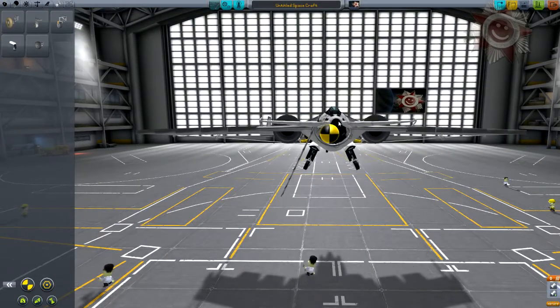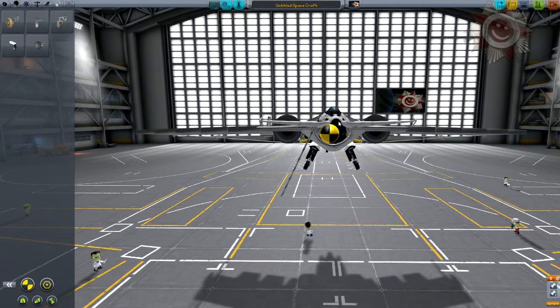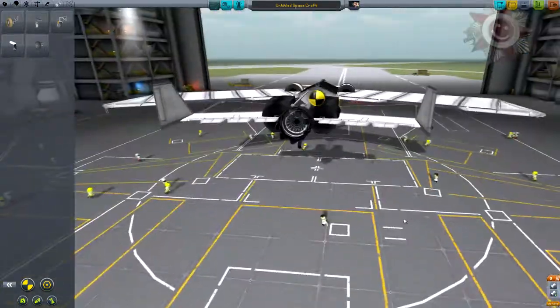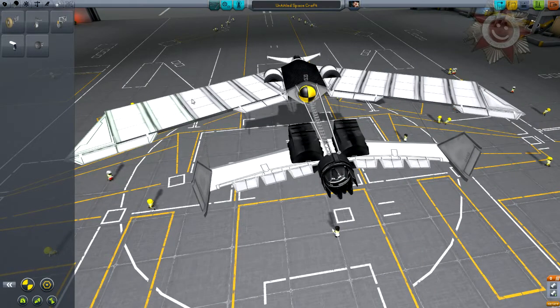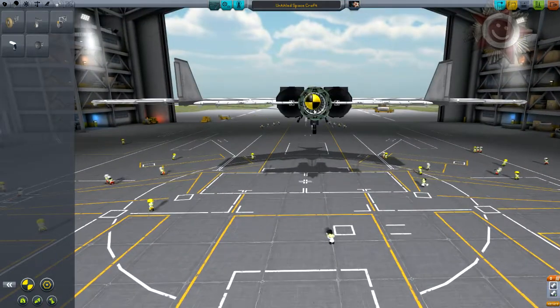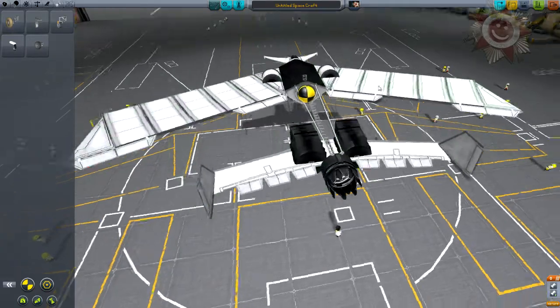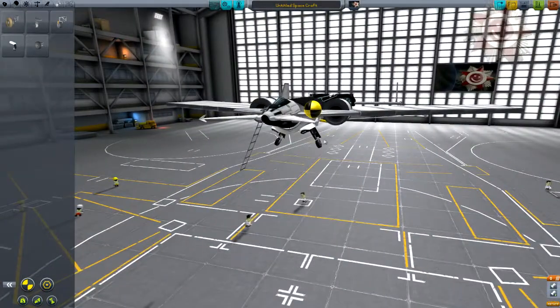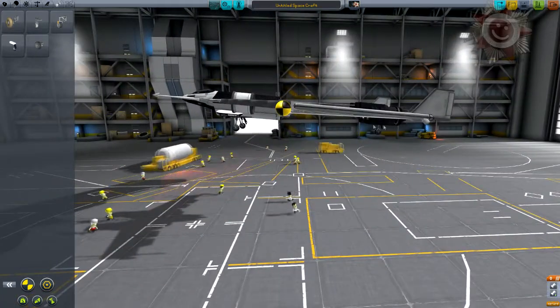Then it's really easy to roll and crash. A lot of people have problems taking off with their planes, and if the reason isn't that you forgot to put on symmetry mode or something like that, so the plane is asymmetrical, then the reason is almost every time that the wheels are too uneven.